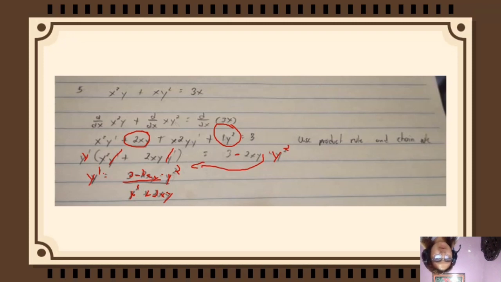So, ang ililipat pala natin ay lahat ng walang y prime. Linipat natin sila. Naging negative y squared siya. So, may y prime dito, pinactor out natin yung y prime. So, y prime is equal to 3 minus 2xy minus y squared all over x squared plus 2xy. Okay?